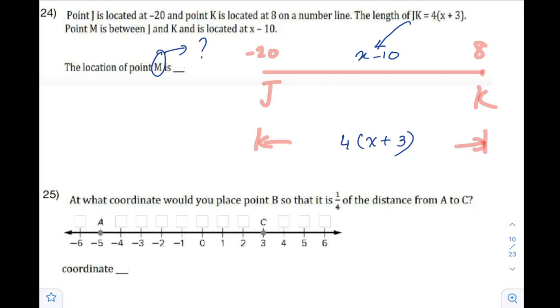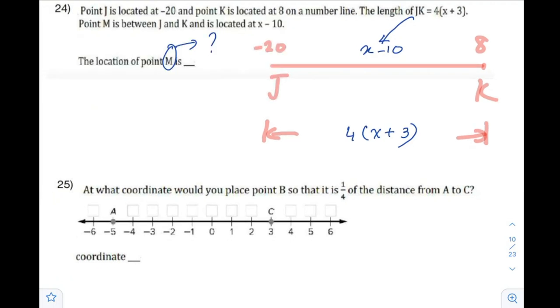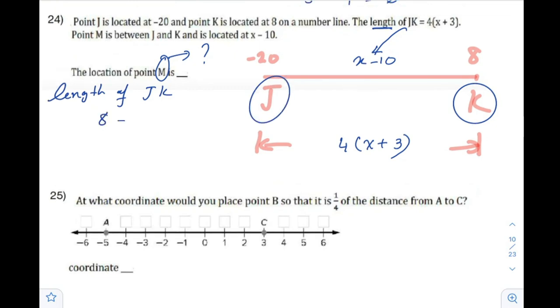Here, actually, it is a little bit more advanced than the previous question. Let's see first what the length is, because he is giving us the length. The length of JK. How much is it? It is the coordinate of K minus the coordinate of J, which is 8 minus -20, which is 28.